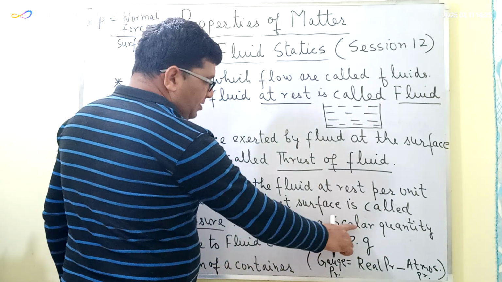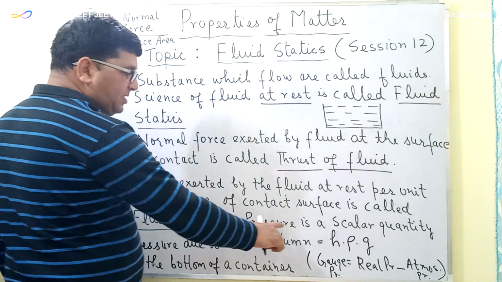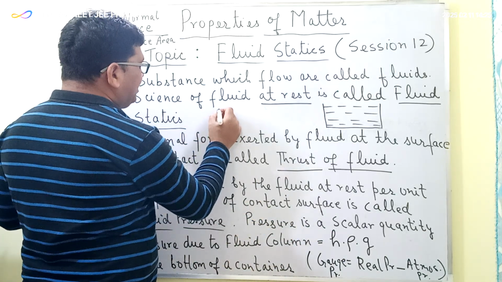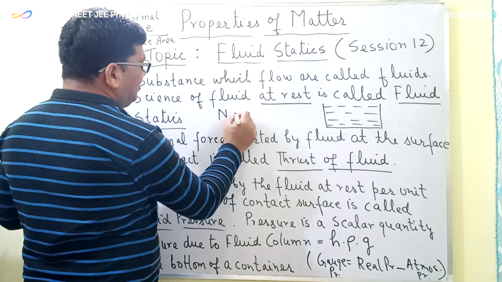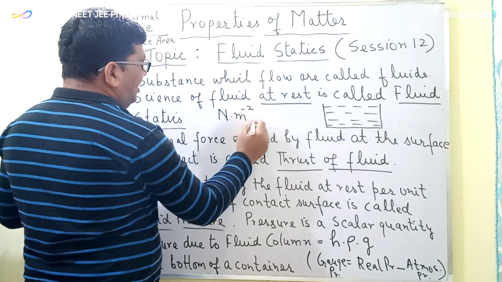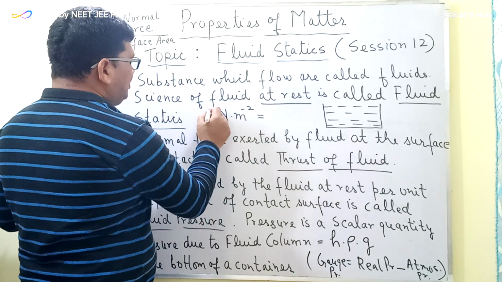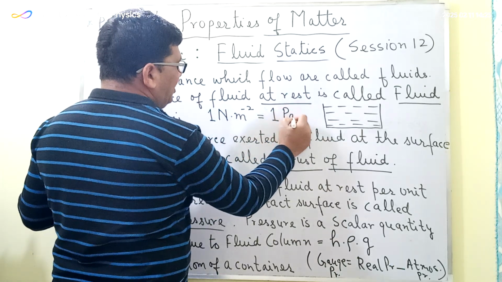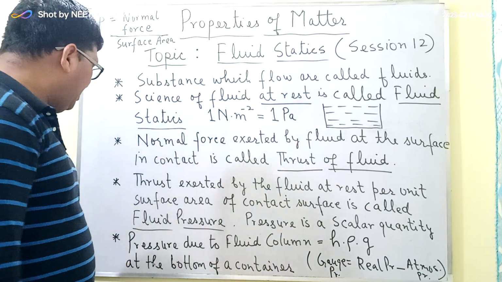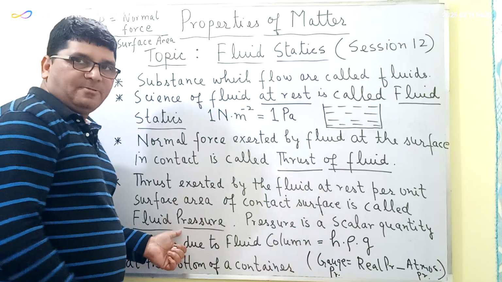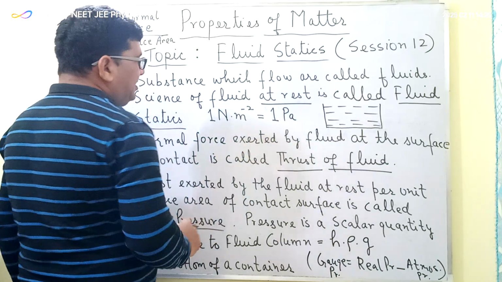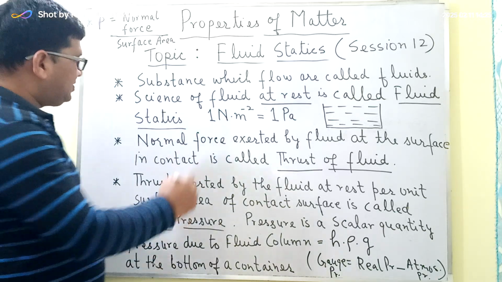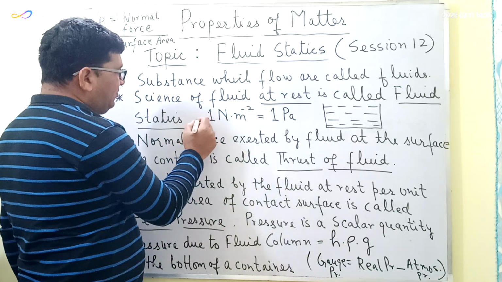This fluid pressure is a scalar quantity, and its SI unit is Newton per meter square, and 1 Newton per meter square is equal to 1 Pascal, where Pascal is also the unit of the fluid pressure. So 1 Pascal is equal to 1 Newton per meter square. So this is something which we have to remember.